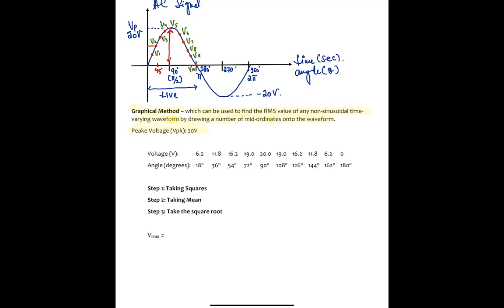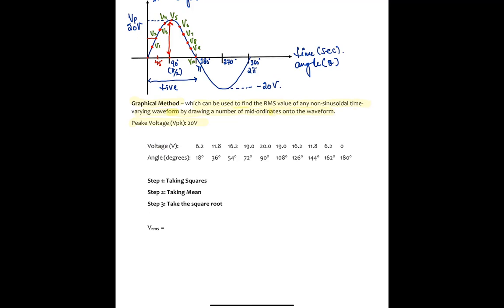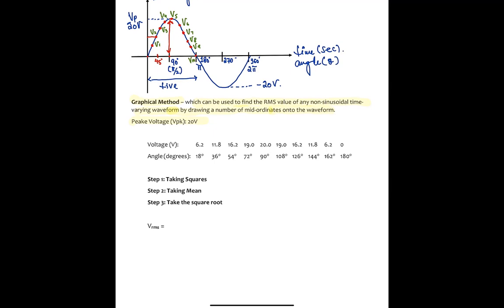Okay, so now I'm going to move on to implementing these 3 steps to calculate the VRMS. Also, because I have broken it down into 10 equal spaced segments, I'm not going to draw the whole thing.